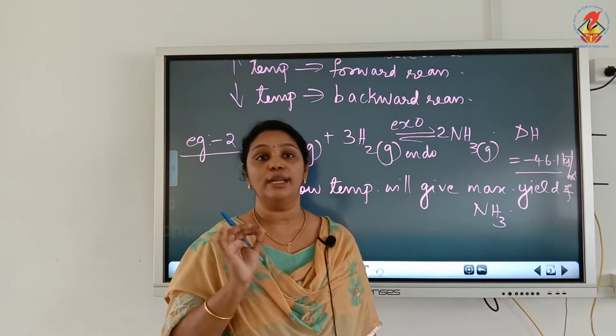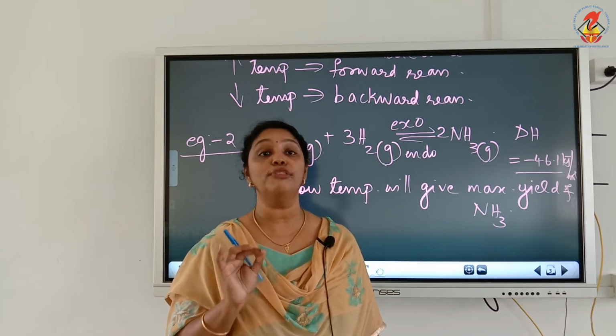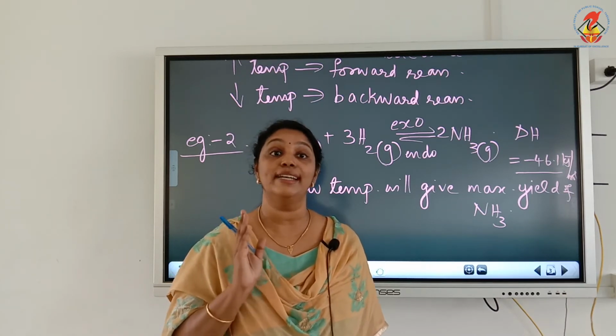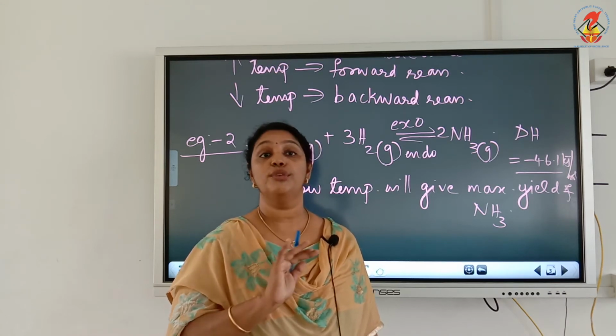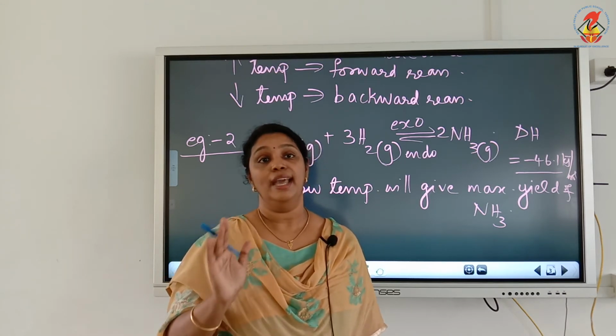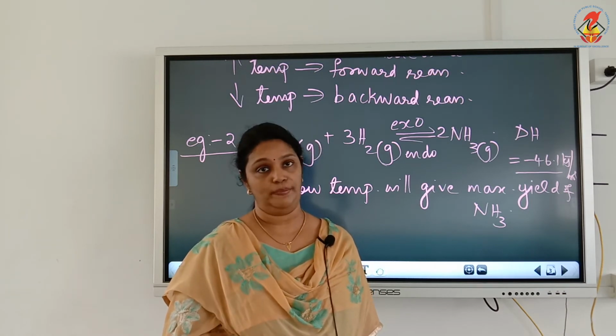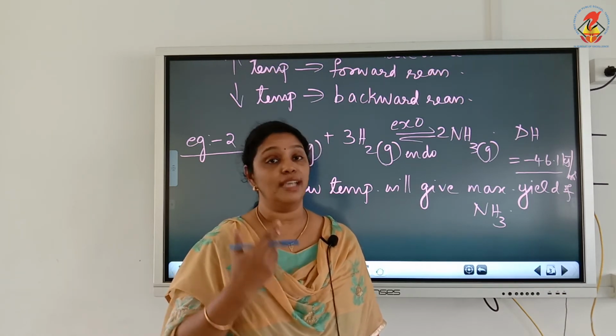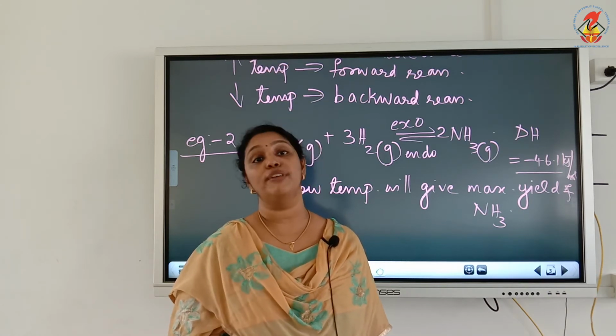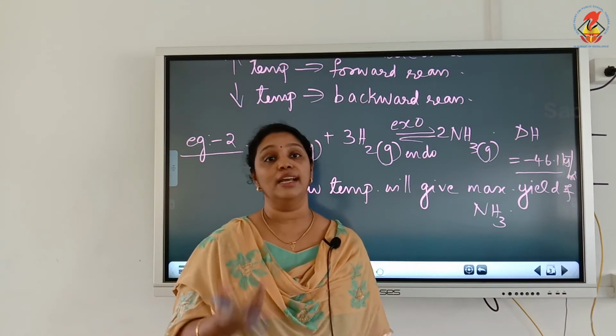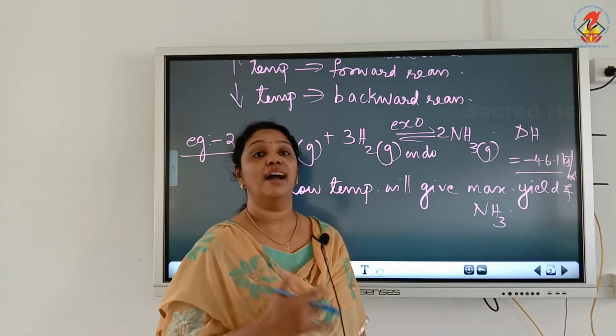That is, low temperature favors the formation of ammonia gas because the delta H value is negative. So the forward reaction is exothermic, and exothermic reactions take place at low temperature. Now the backward reaction is endothermic, which means decomposition of ammonia into nitrogen and hydrogen gas takes place at high temperature.